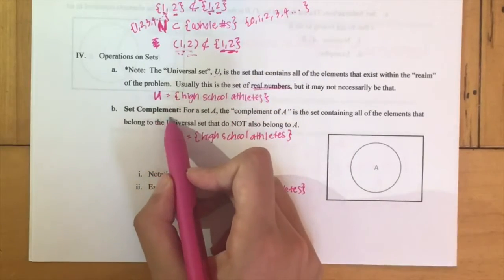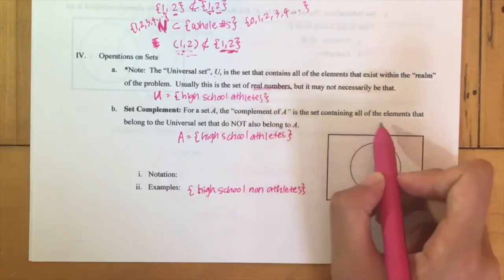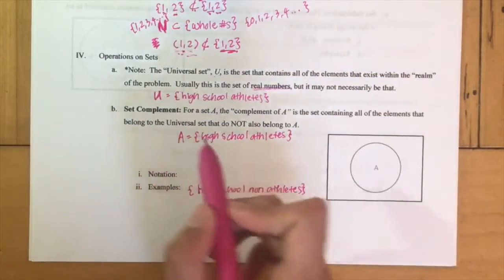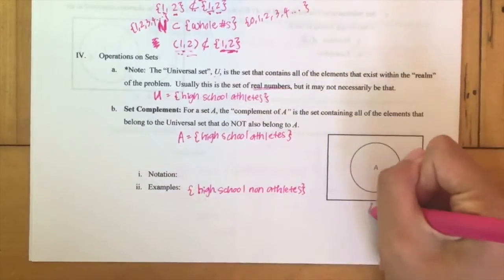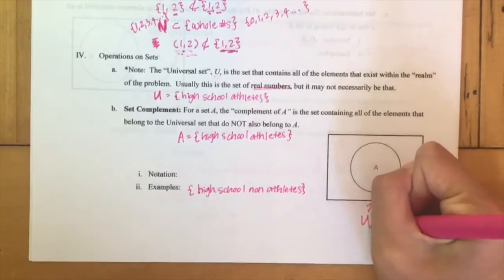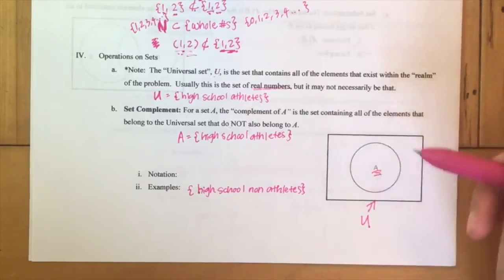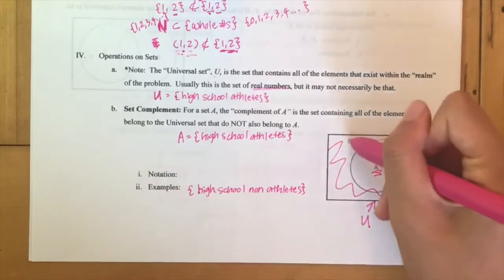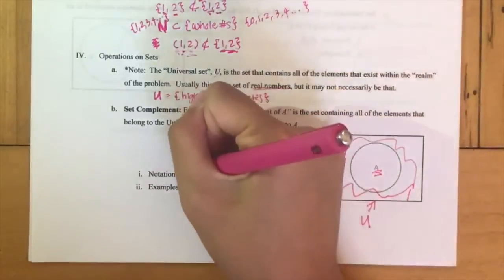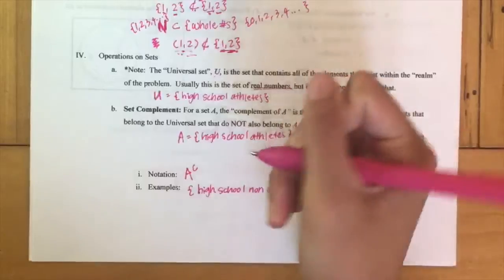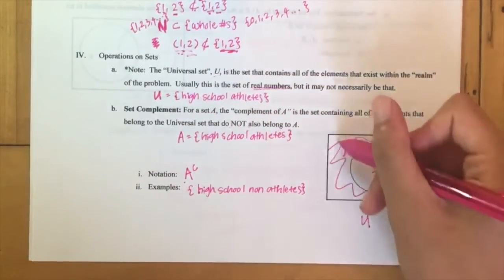So a set complement is, for a set A, the complement of A is the set that contains all the elements that belong to the universal set that do not also belong to A. So if this whole thing is the universal set, and this is set A, then this area will be the complement of set A, which will be denoted in this symbol, like this.